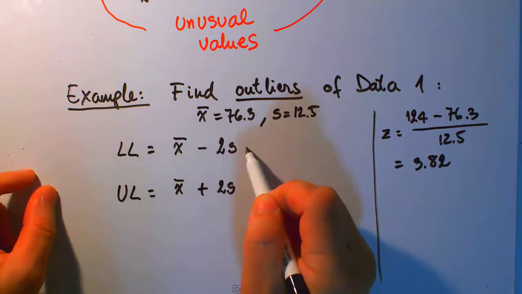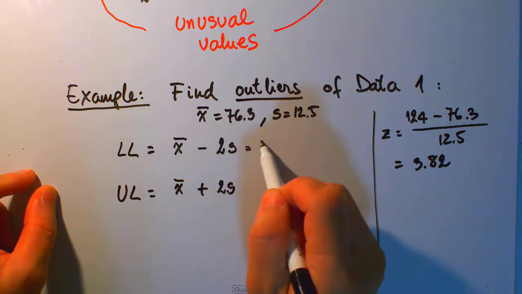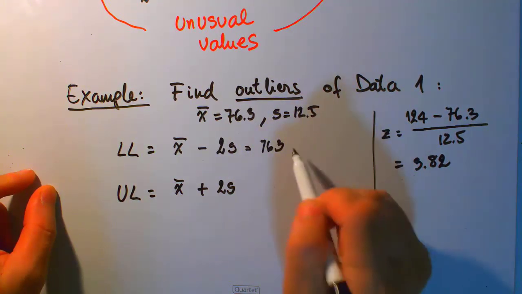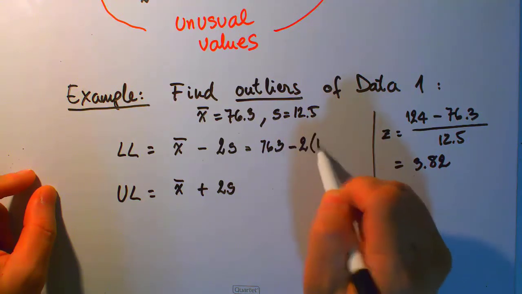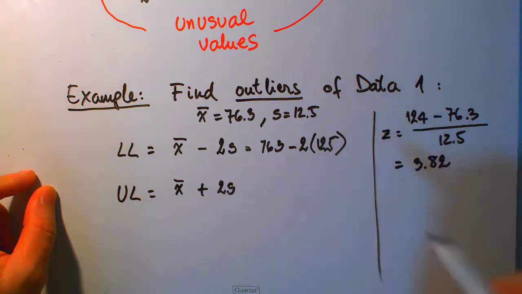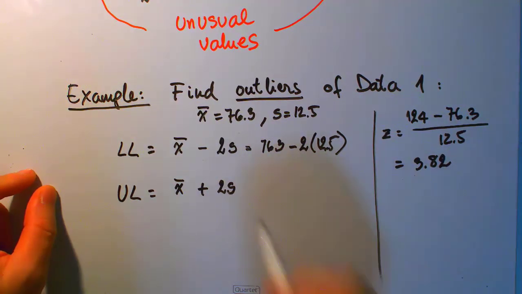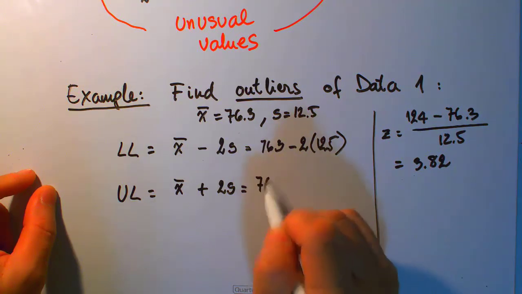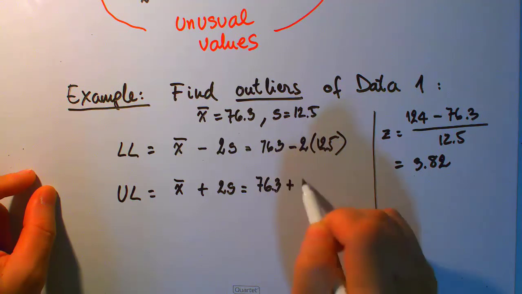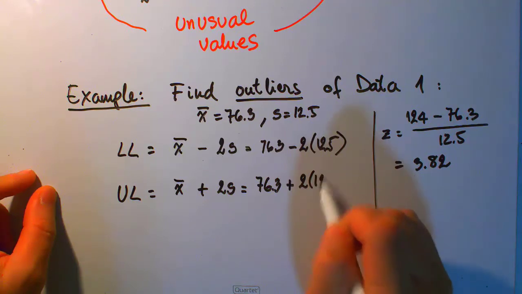And so that means in our data 1, the low limit is going to be 76.3 minus 2 times the standard deviation, 12.5. And the upper limit is from where 76.3 is, I am going to add 2 times 12.5.